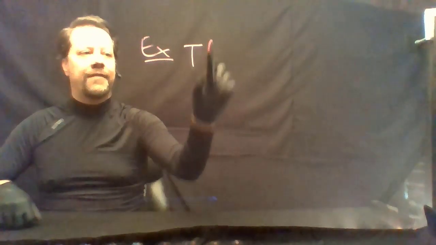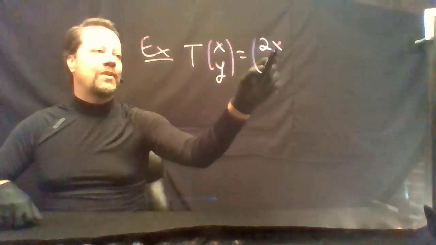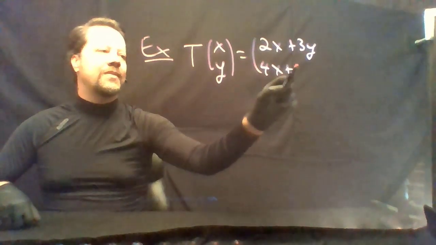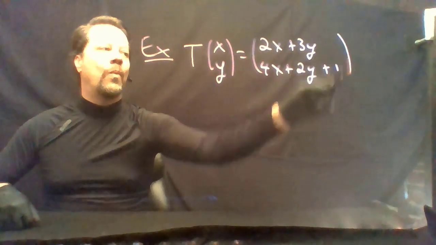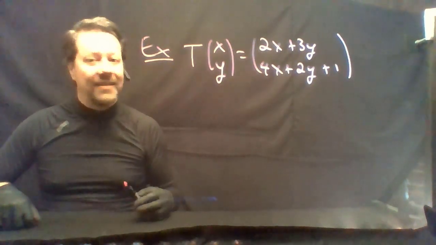As another example, suppose I have the function T of (x, y) equals (2x + 3y, 4x + 2y + 1). Is this a linear transformation?